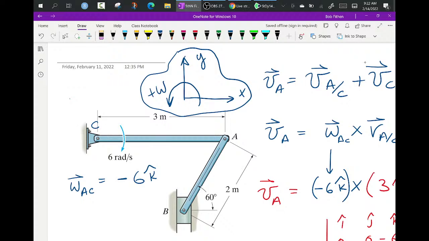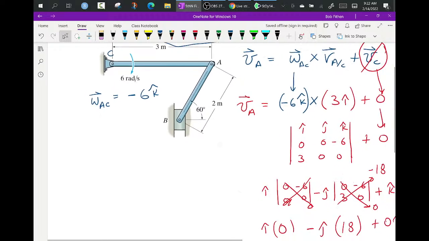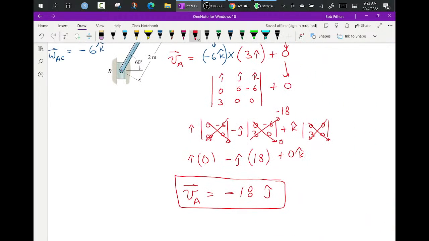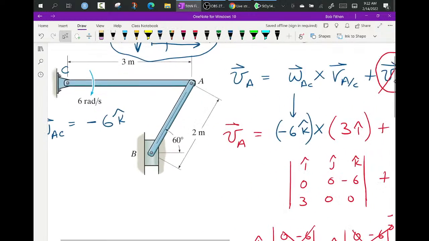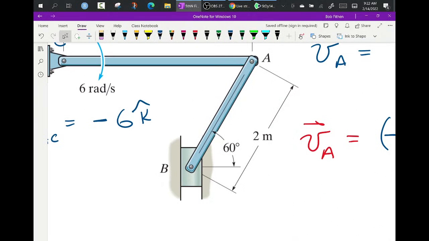I'm going to probably use the same picture to mess with it for a second. So there, I've got that. And that seems like a great thing, but somebody might actually be interested in finding out what the speed of this thing is, the velocity of B. That might be what they're interested in finding out.